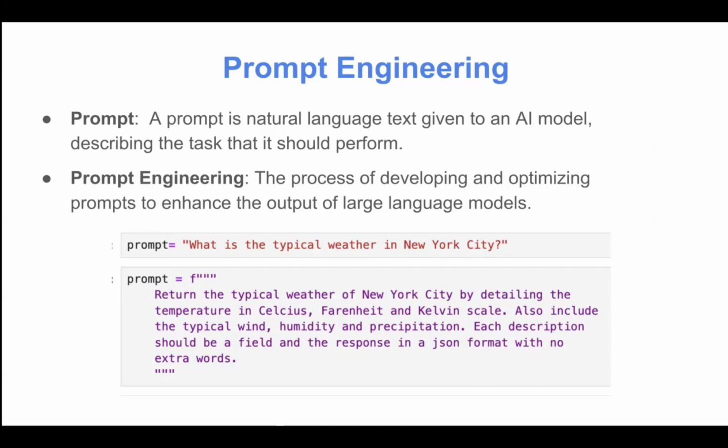And then a much more descriptive prompt asking for certain types of the weather in Celsius, Fahrenheit, and Kelvin. Also looking at wind, humidity, precipitation, and we're also asking for this output in a JSON format, right? So there are various things you can add to your prompt that will help ensure that the result is what you're looking for.